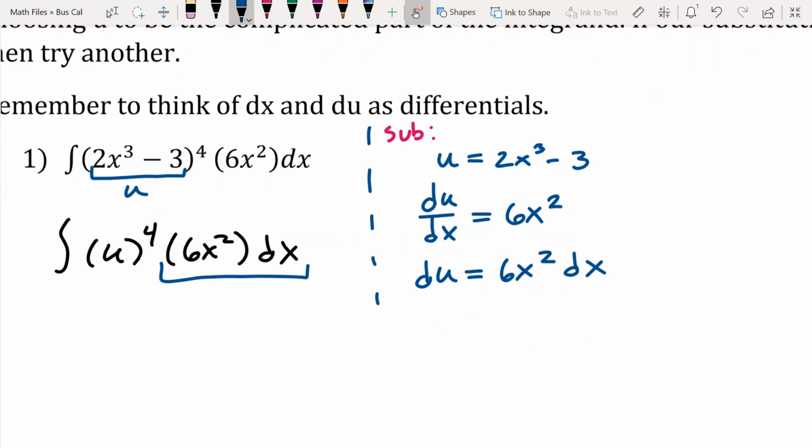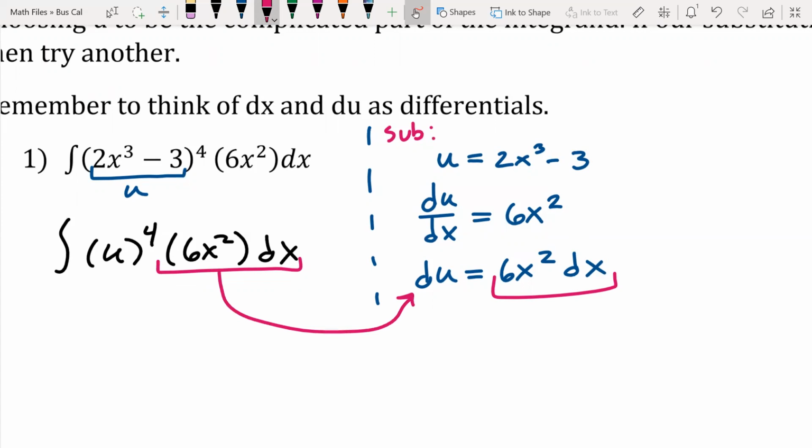If you look at our substitution on the right, do we have a 6x squared dx? Yep. We've got 6x squared dx, 6x squared dx. So guess what? This 6x squared dx, all it does is become du. So since those match up, we are left with the integral of u to the 4th du.